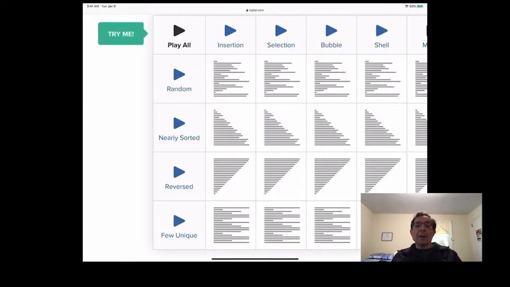What do we want? So let's go back to the sorting problem. There are many sorting algorithms, and you may be aware of a few of them. For example, the insertion sort. Let's run the insertion sort in this application, which corresponds to the column titled insertion, and we will run the insertion sort algorithm using a random input.